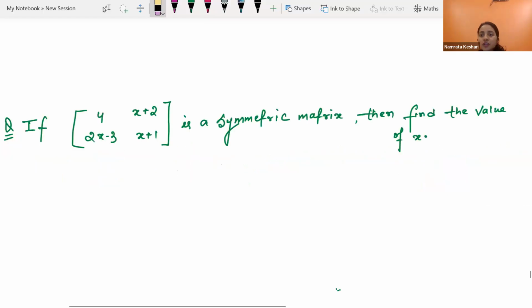Okay. So if you know the definition, this question we'll be able to discuss over here. If the given matrix is a symmetric matrix, then find the value of x.